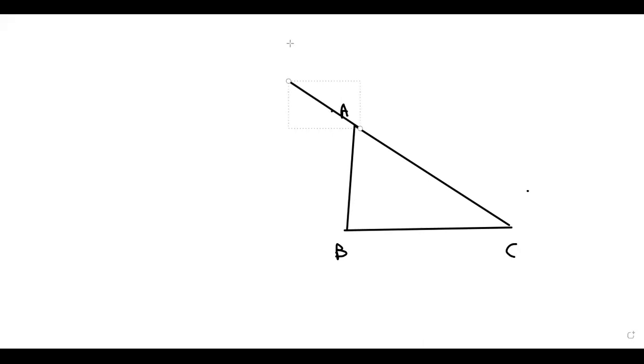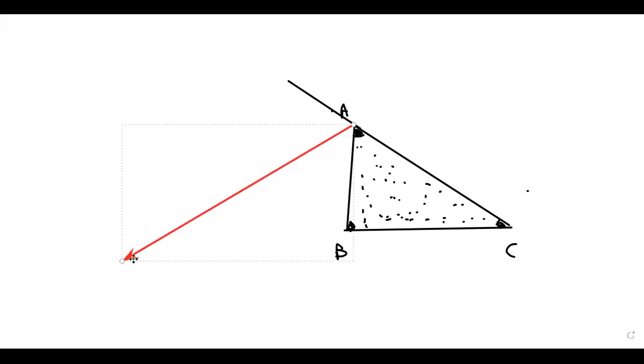This is the triangle ABC, and the 3 interior angles are A, B, and C. If we divide the exterior angle at the vertex A, this is called the exterior bisector, not interior.